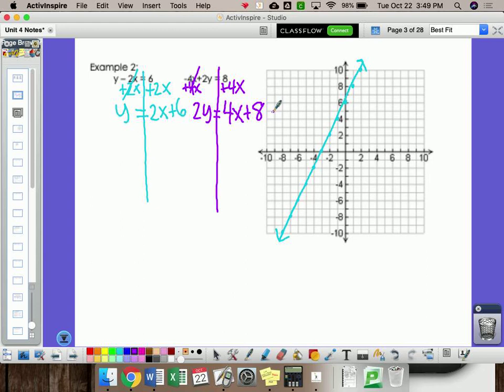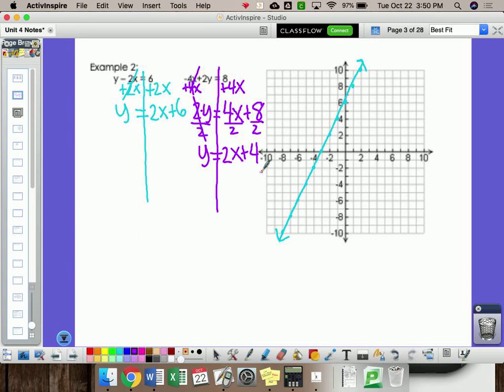Then I have 2 times y, so I need to divide everything by 2. So that's going to give me y equals 4 divided by 2 would give me 2x, and 8 divided by 2 would give me positive 4.